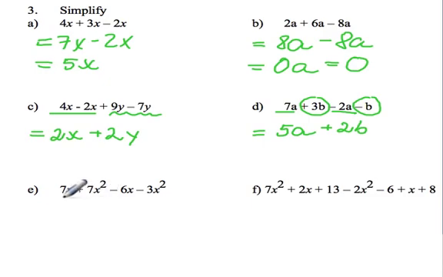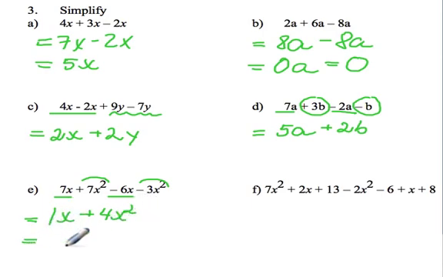Question E. We have like terms here because they have the same variable to the same exponent, and then we have 7x squared and negative 3x squared. So let's collect the x's first. 7x take away 6x is 1x, and 7x squared take away 3x squared is 4x squared.